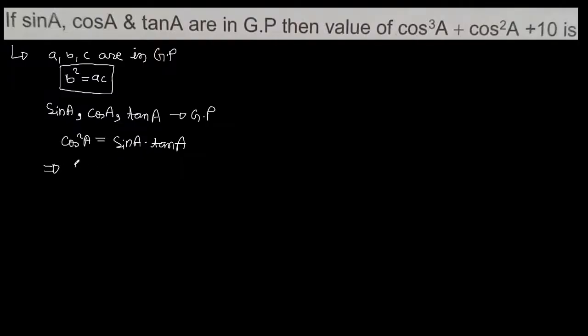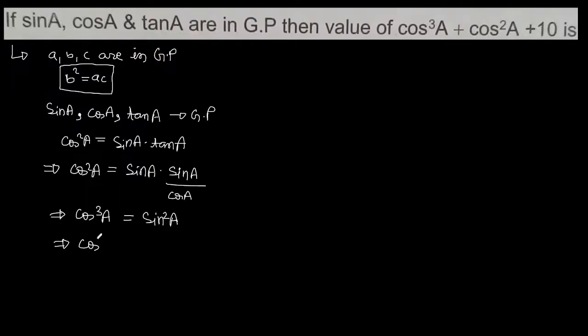So we'll simply get cos square A equal to sin A into sin A upon cos A, which implies cos cube A is equal to sin square A. And further going, we have cos cube A equal to 1 minus cos square A. We have cos cube A plus cos square A equal to 1.